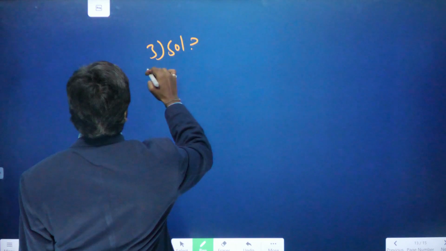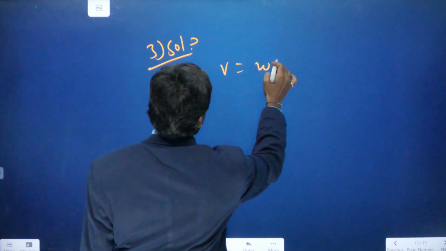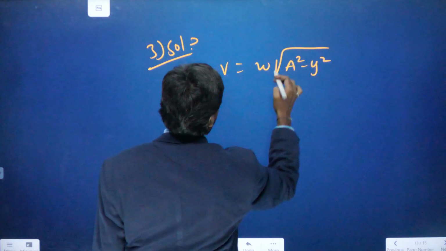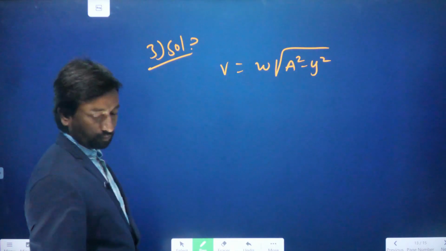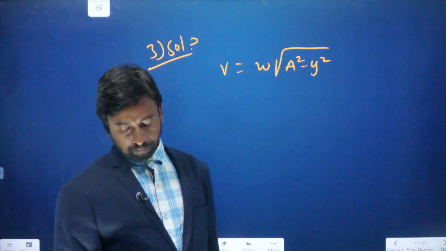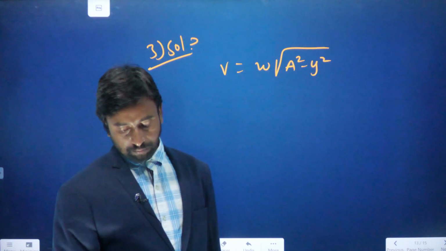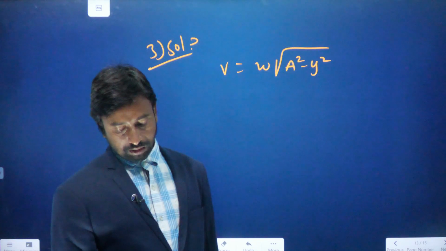Third solution. The velocity equation is V equals omega into square root of A square minus Y square. They are asking about the velocity of the particle performing simple harmonic motion at the mean position.